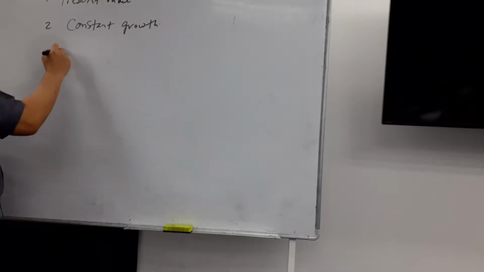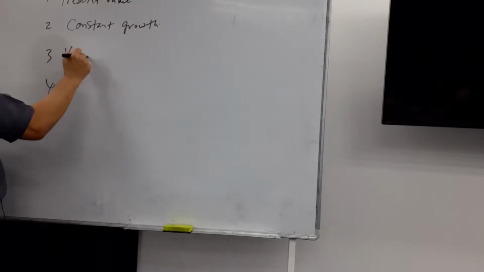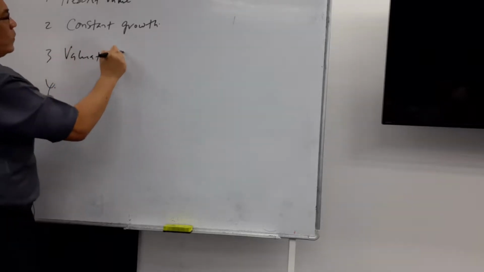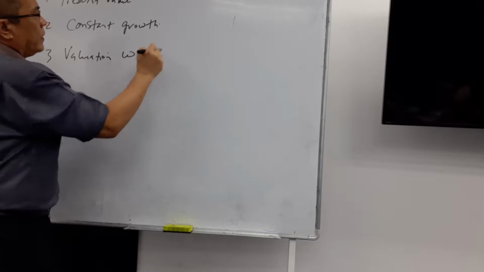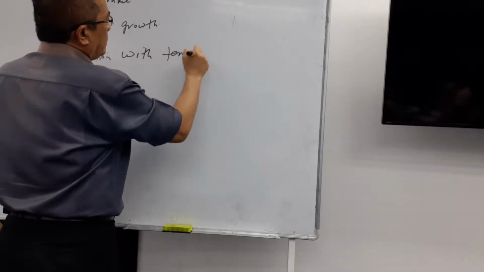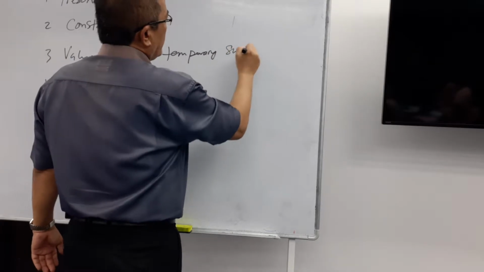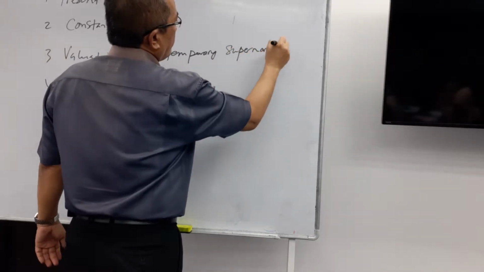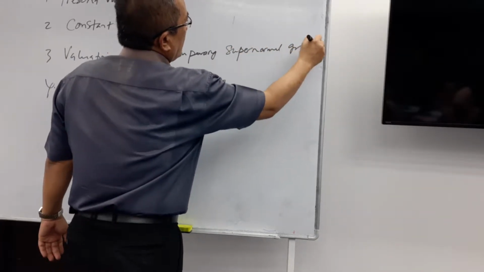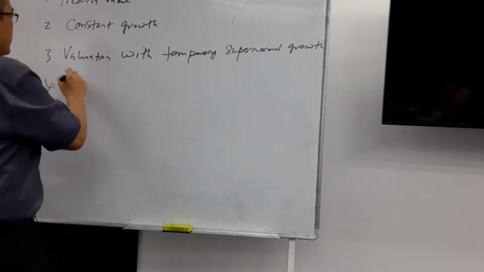The third method is valuation with temporary supernormal growth. And the last one is the relative valuation technique.